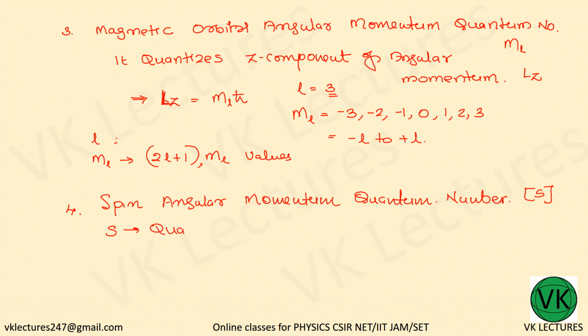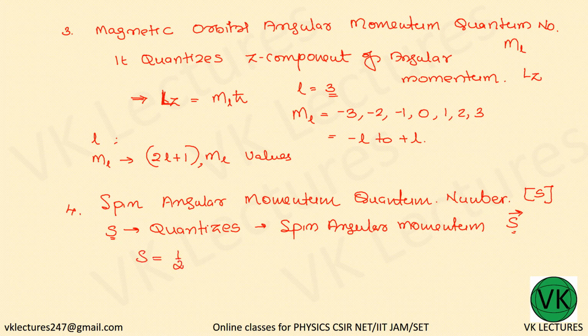S quantizes the spin angular momentum S. So this is the small letter s, and this is the S vector. So for s we have half. This is for the electron.